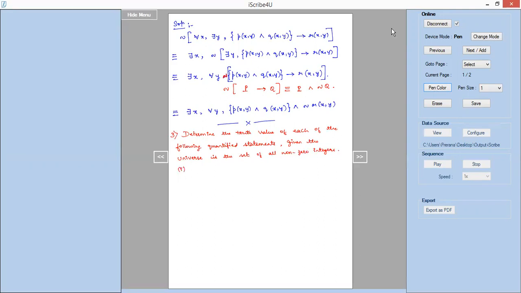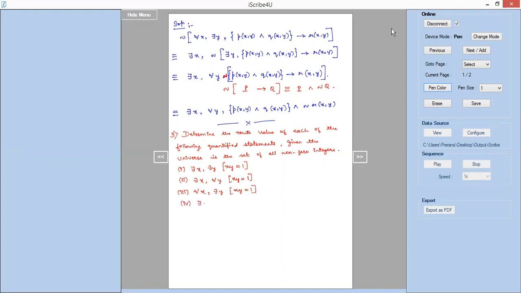First question, for some x, for some y, x into y is equal to 1. Second one, for some x, for every y, x into y is equal to 1. Third one, for every x, for some y, x into y is equal to 1.